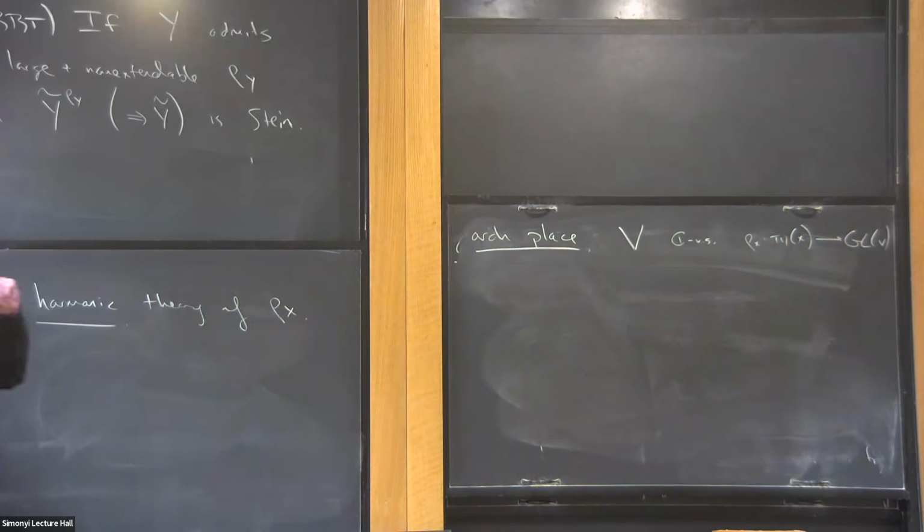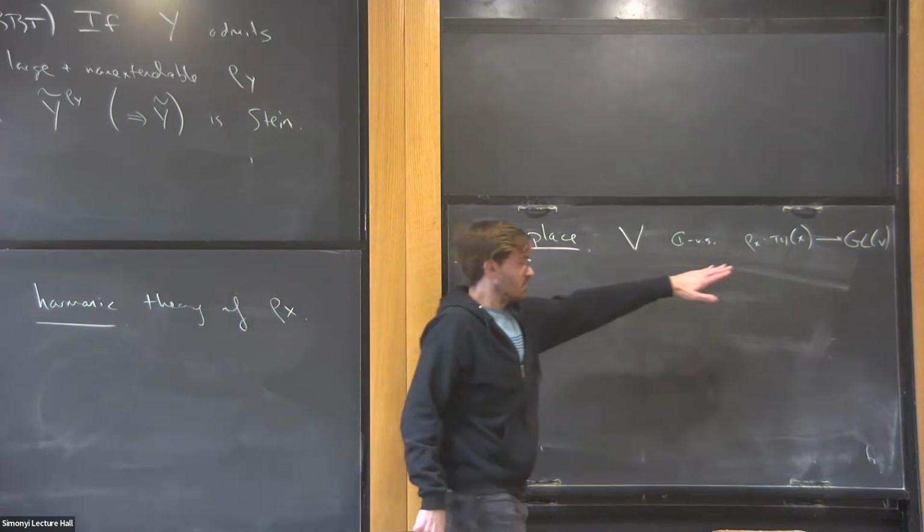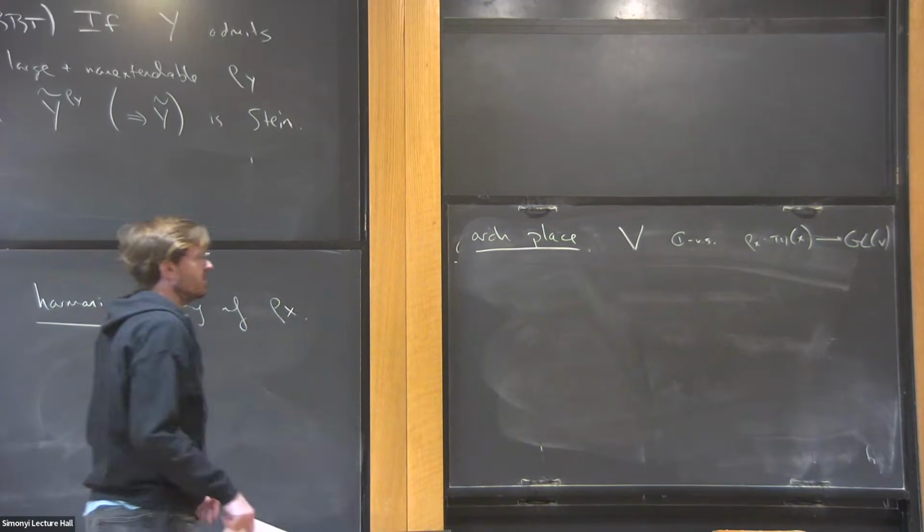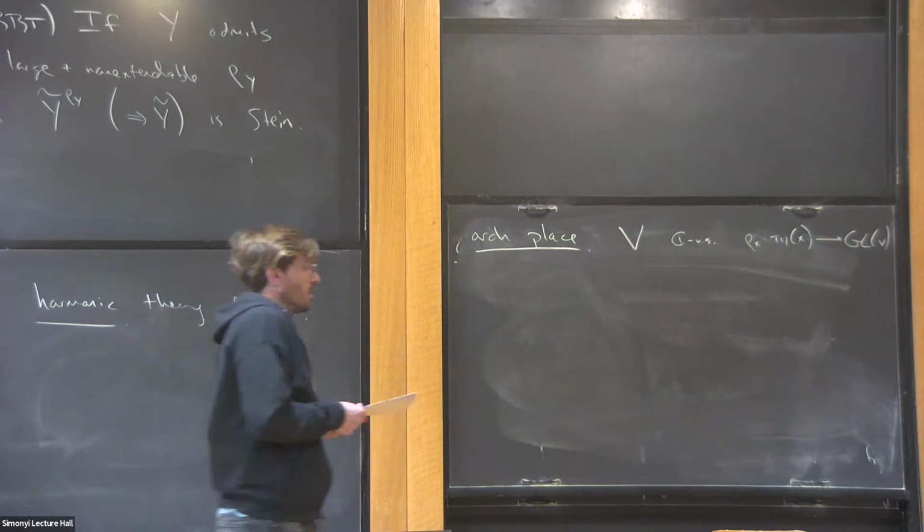Okay. And what additional structure can I equip this representation, or equivalently this local system, with? Well, I can give it a harmonic metric.